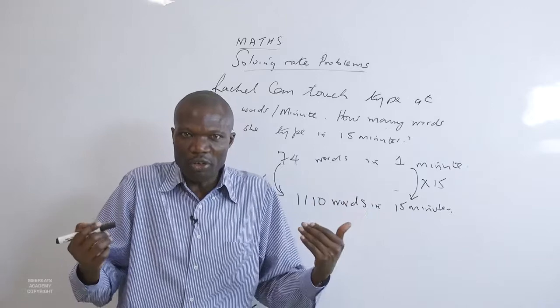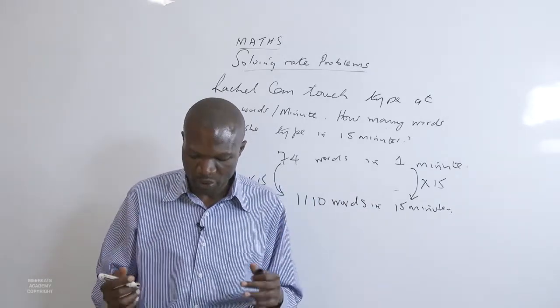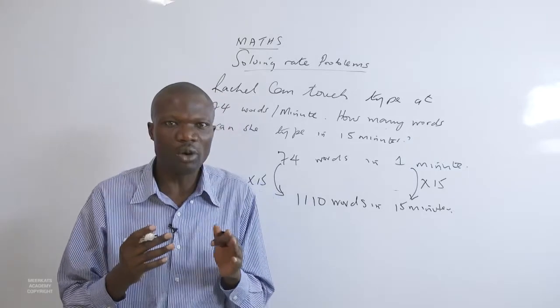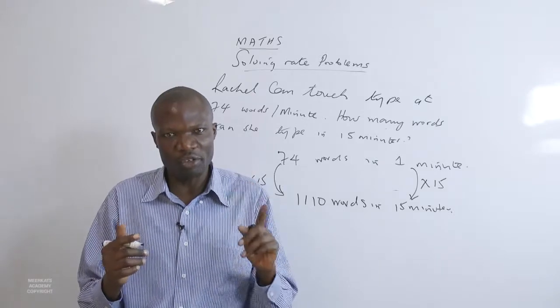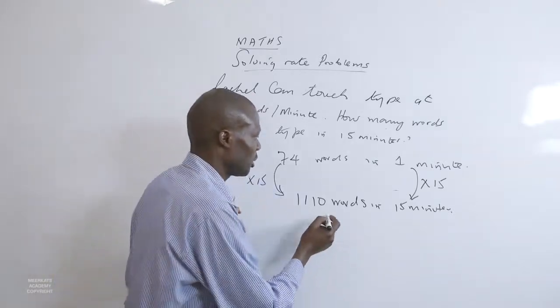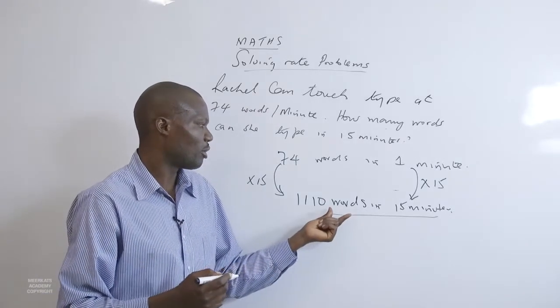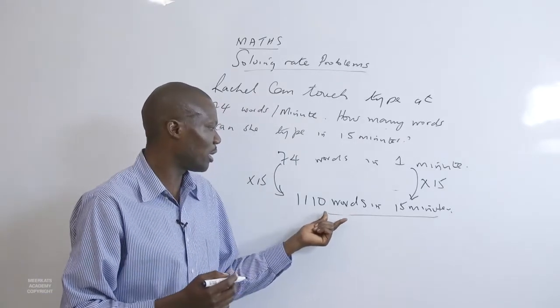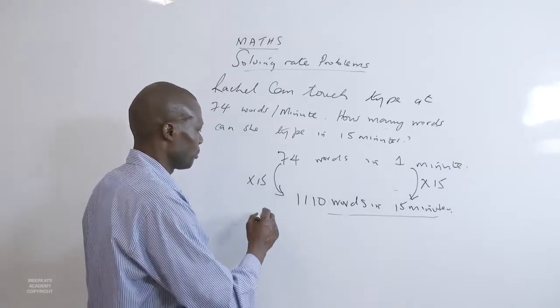So we can conclude that Rachel can type 1,110 words in 15 minutes.